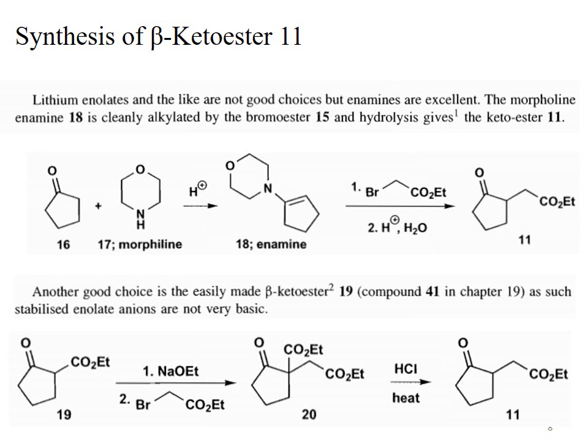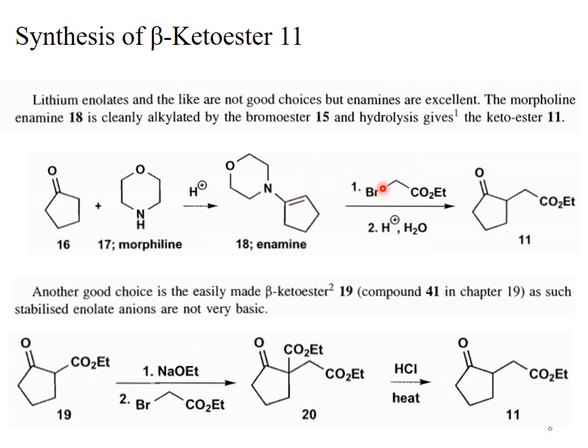In the first step, this morpholine will react with carbonyl compounds and convert the carbonyl compounds into enamine, that is our compound number 18, and this reaction occurs in the presence of proton in the acidic medium, and the molecule of water is released as a leaving group.